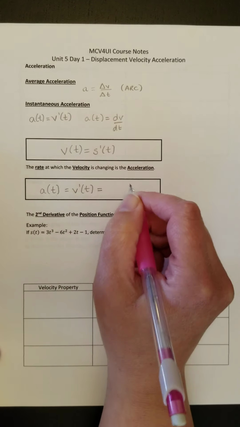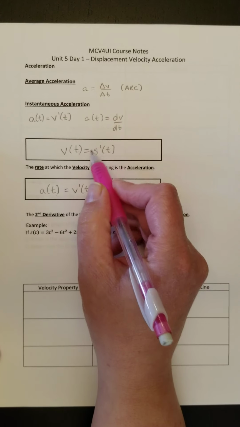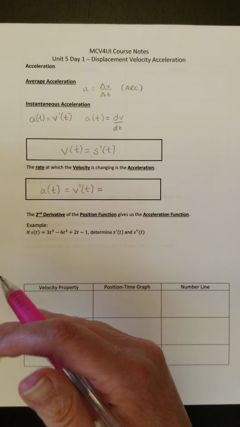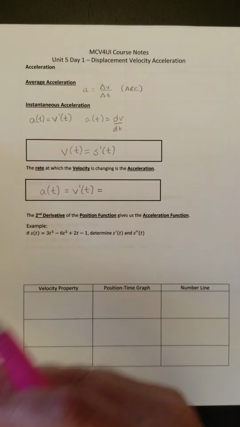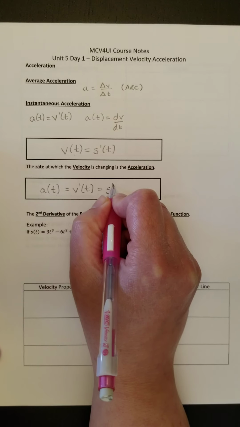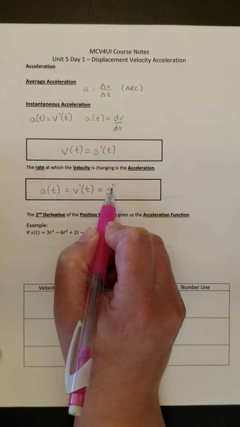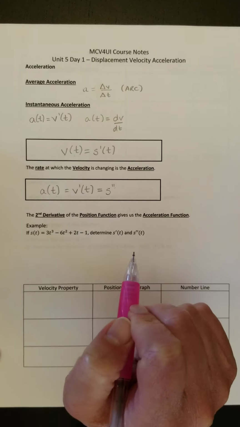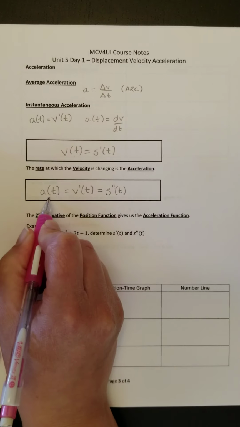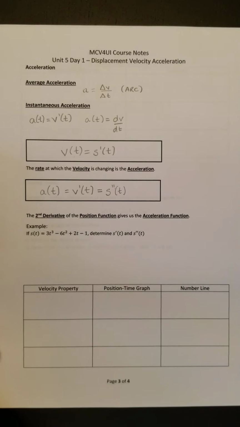That's what's called the second derivative, because we're taking the derivative of my displacement function to find velocity, then I take that new derivative and take the derivative of that to find acceleration. So we can also write this as s double prime, two little tick marks there that says I'm doing the derivative of displacement twice, and that gives me my acceleration function.